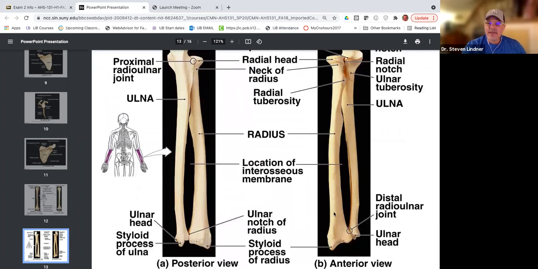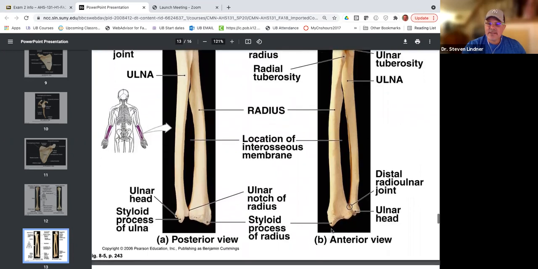At the distal end of the radius is a large bump that we can all feel just proximal to the thumb. That bump is called the radial styloid or styloid process of the radius. It's a lot easier to just put radial styloid, instead of styloid process of the radius, if you ever get that on an exam.